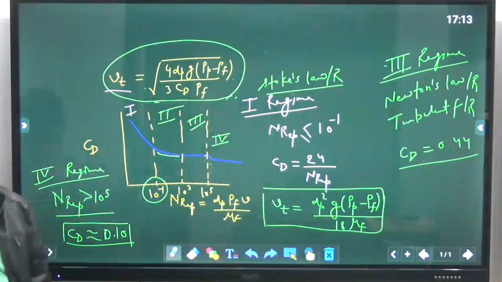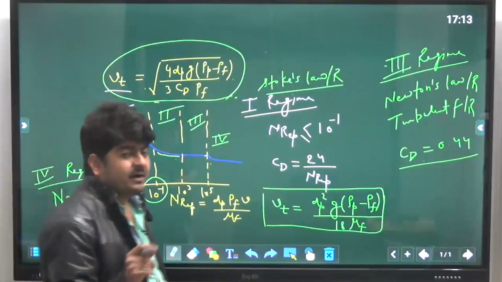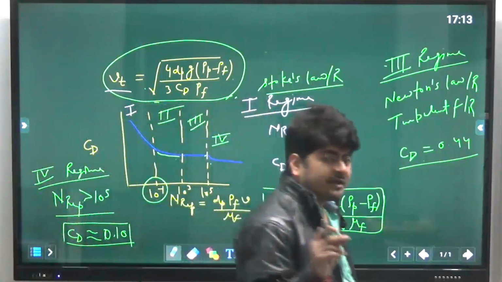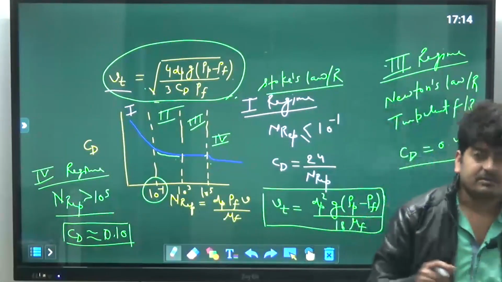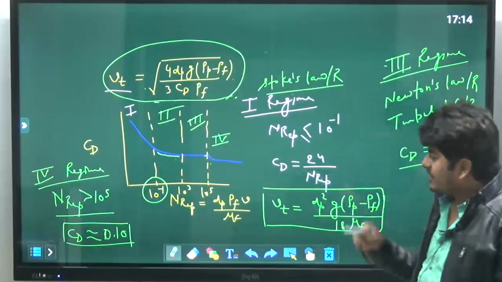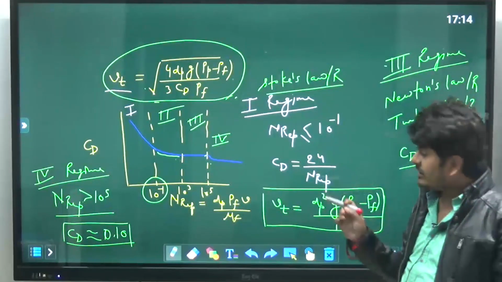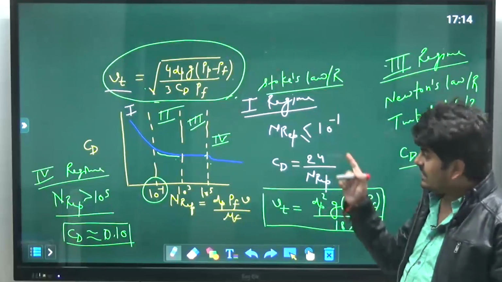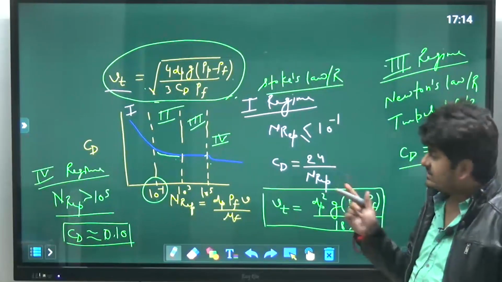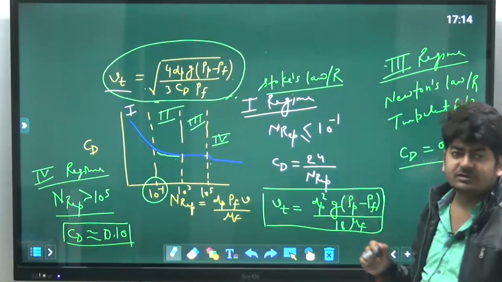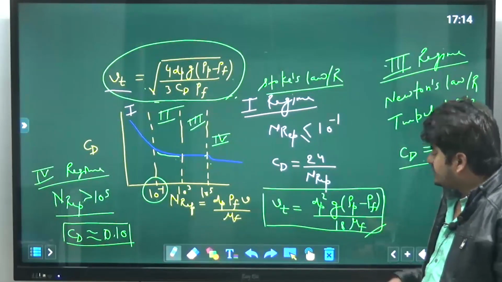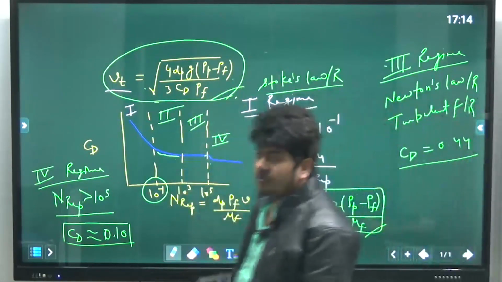Which equation you have to use, you can identify by calculating the particle Reynolds number. If you are able to calculate it, you can easily find the regime, and then accordingly use the formula: this equation or that equation.